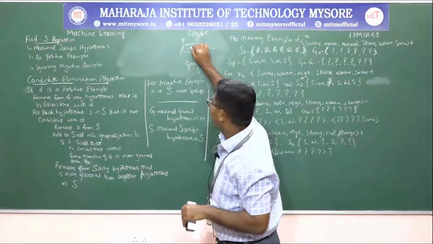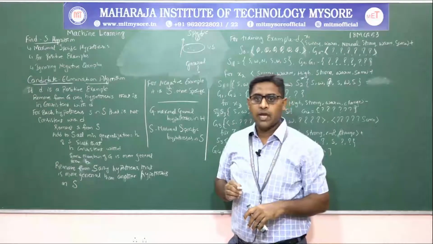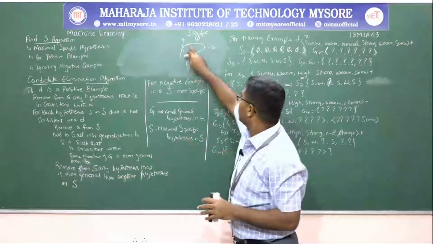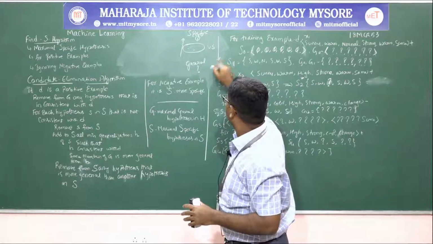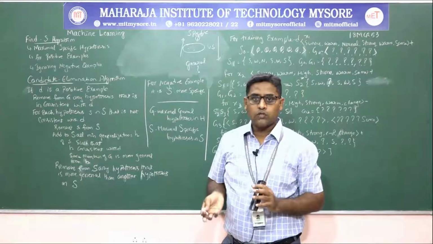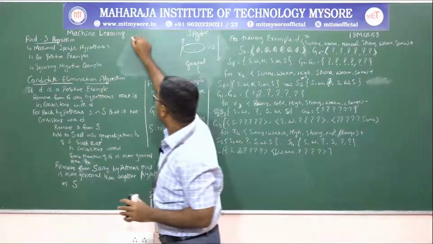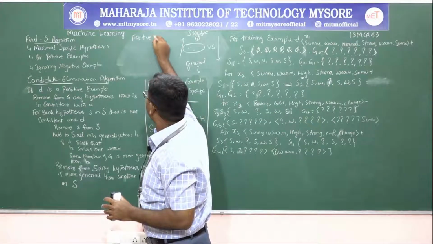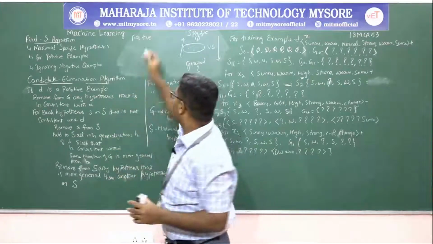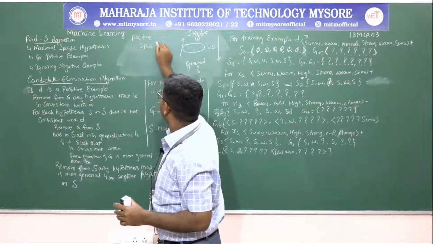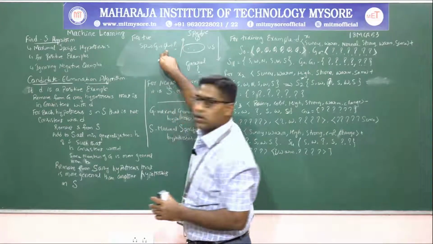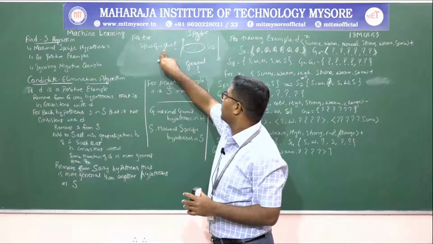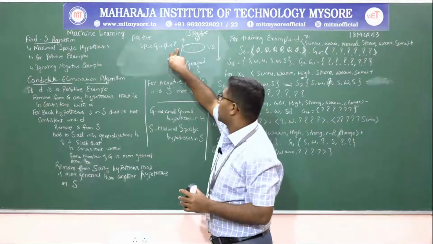Here in between we will be having a version space, and more specific will always be going upwards, and general will always be coming downwards. So for positive examples it will be from specific to general. That means empty value or no value to a general value.